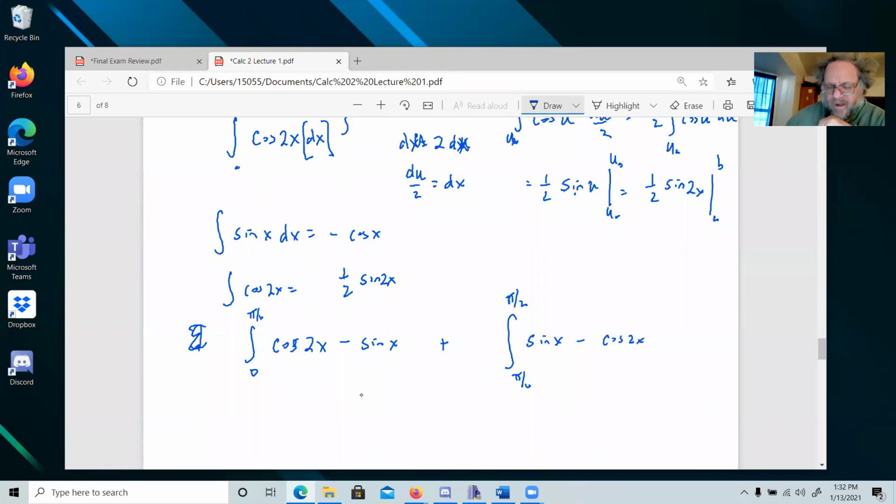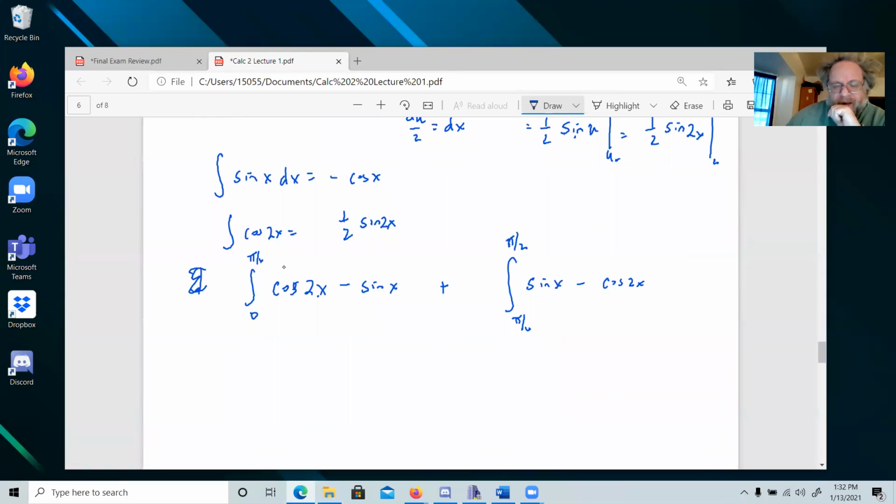All right. So when I integrate my cosine 2x, we've got 1/2 sine 2x. And then when we integrate our sine here, we've got this minus, and then we have a negative cosine x. Okay, we're evaluating this one from 0 to pi over 6.